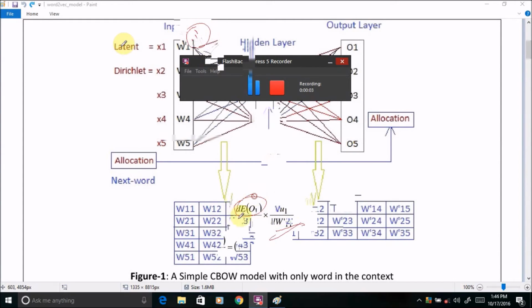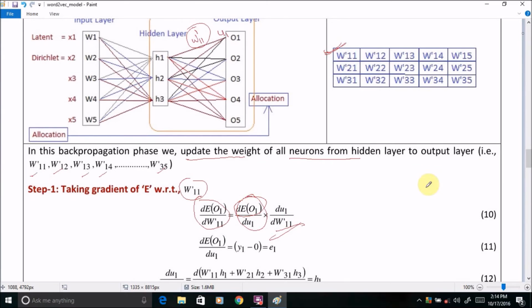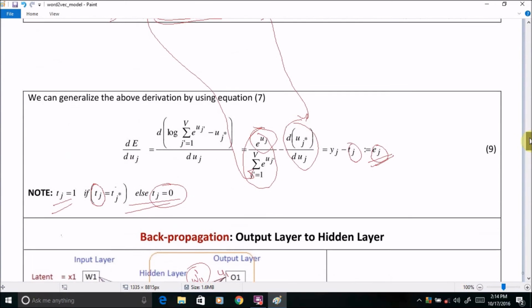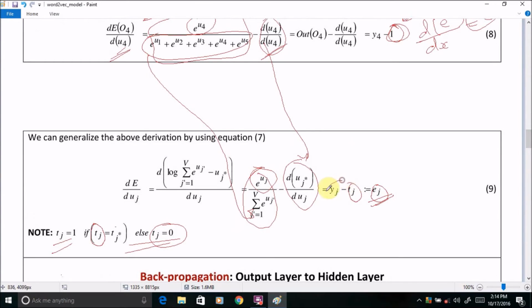Now as we already calculated this part here, so this is our calculation scheme. Taking the derivation of E with respect to any node uj generally gives this score.